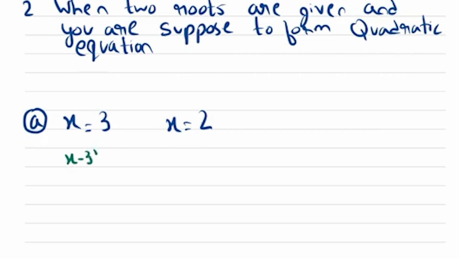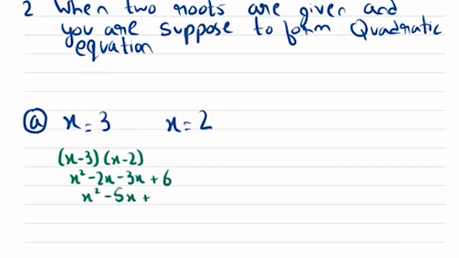So I shift this here, x minus 3, and I shift this 2 here, x minus 2. Now, can I multiply this? x square minus 2x minus 3x plus 6. So it's going to become what? x squared minus 5x plus 6.